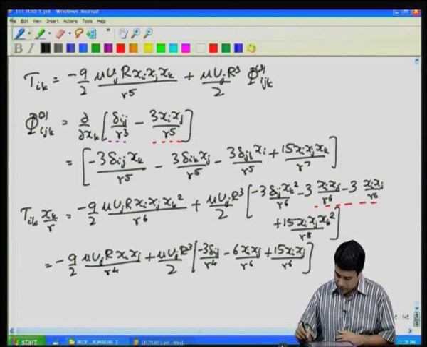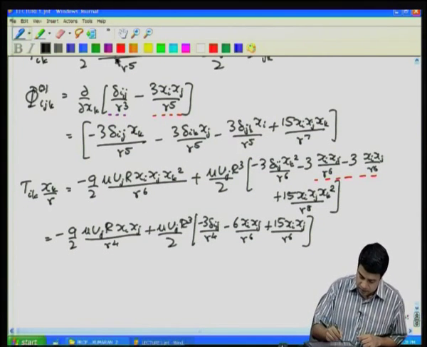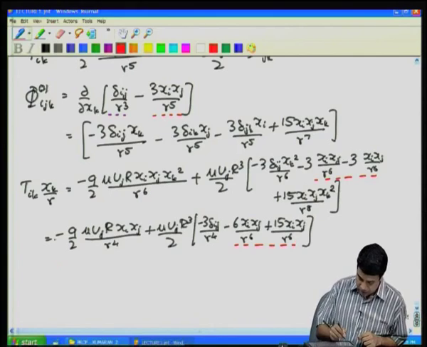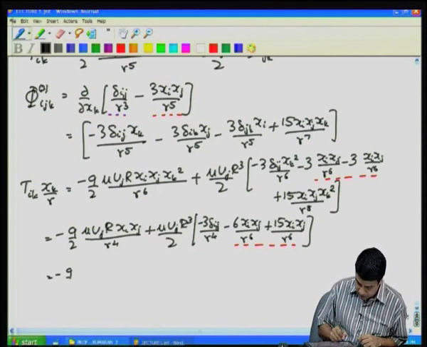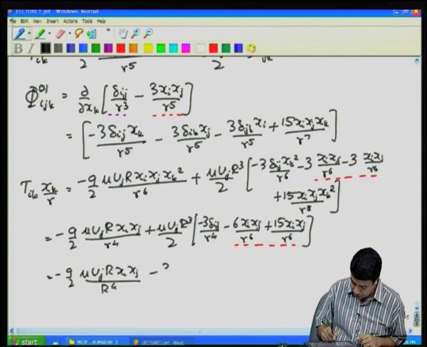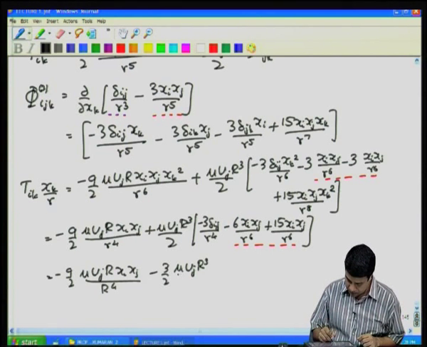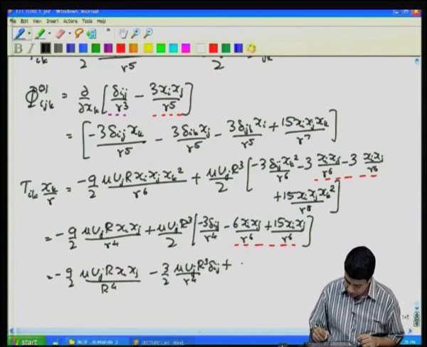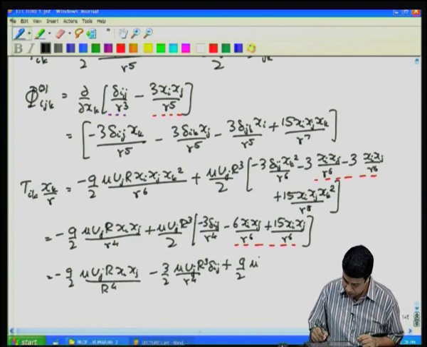So, now you can just add up these last two terms here to give me minus 9 by 2 mu u j r x i x j by r power 4, minus 3 by 2 mu u j r cubed by r power 4 delta i j, plus 9 by 2 mu u j r cubed x i x j by r power 6.